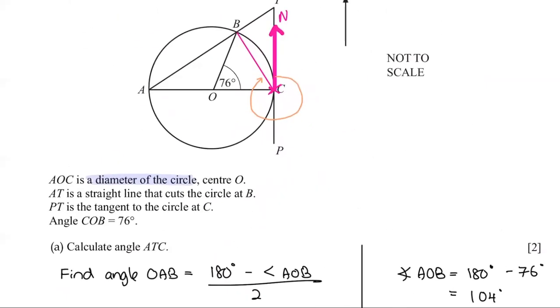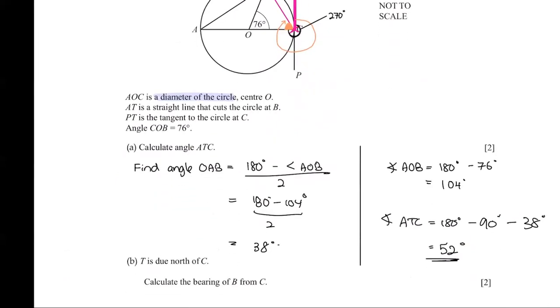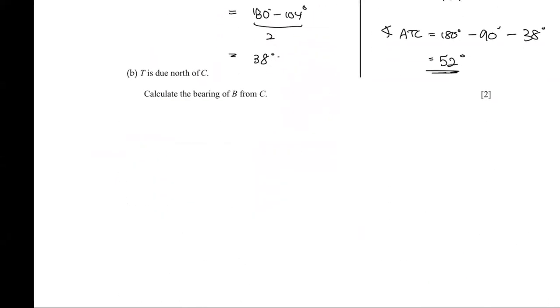We need to find this angle here. Why? Because when you take this angle and add it to 270, you get the bearing. So I'm just going to find angle BCO.